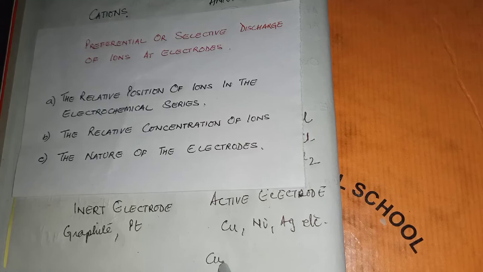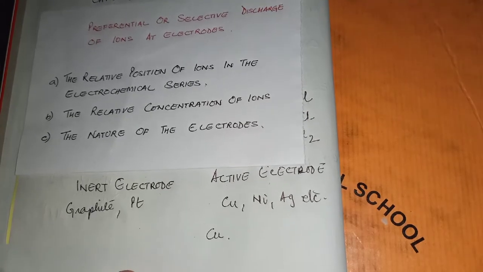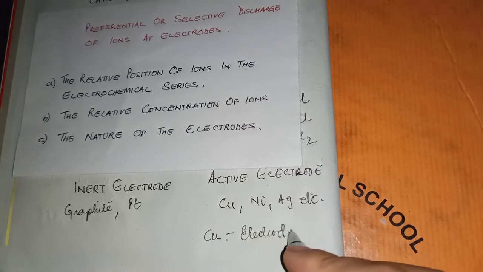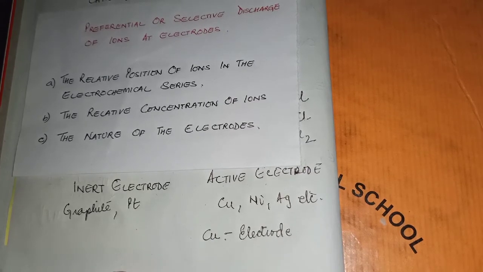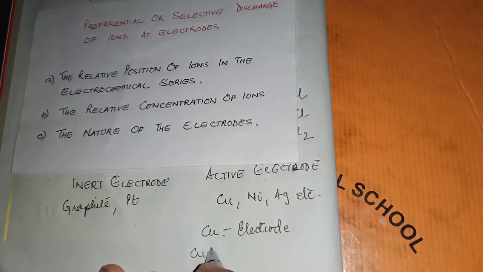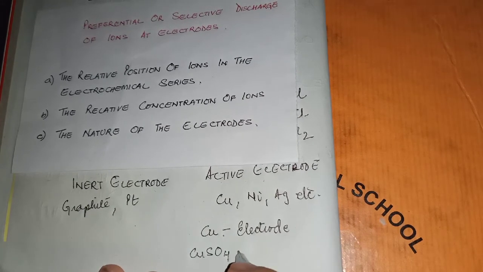For example, if we are taking electrodes made up of copper, and this is an electrode, say suppose, both the cathode and anode are made up of copper. And we also take electrolyte made up of copper sulfate solution, aqueous.